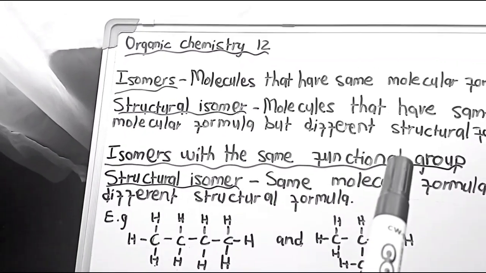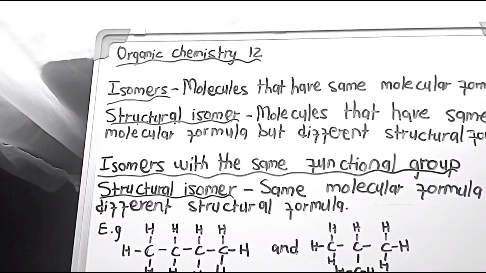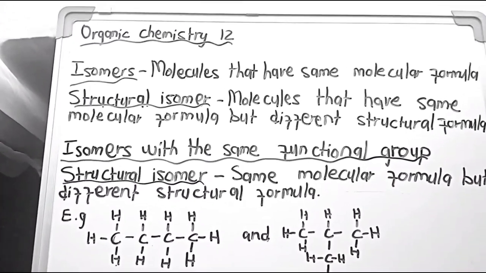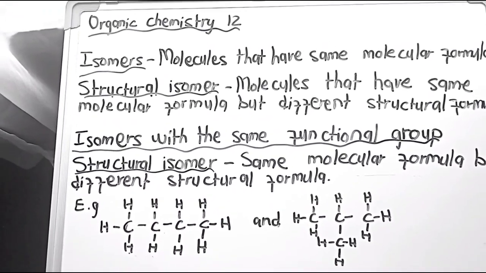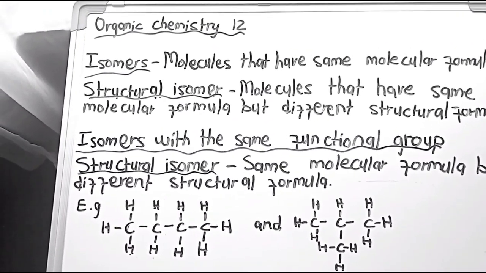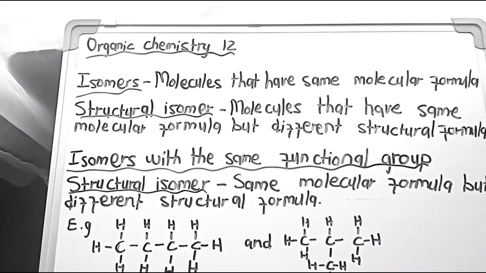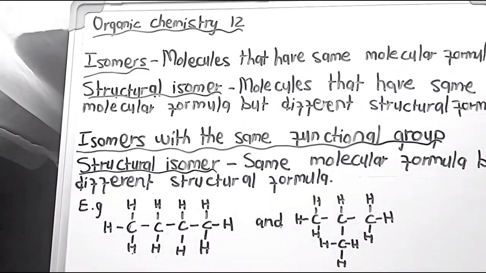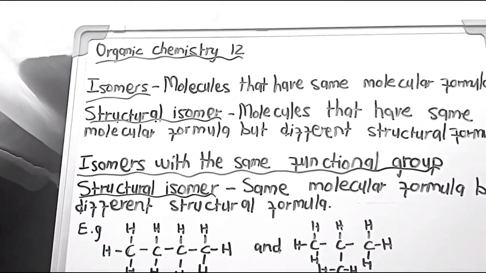A functional group is a characteristic of a certain homologous series. Another definition for functional group is a bond, or group of atoms, or an atom that determines the physical and chemical properties of a homologous series. Guys, please know your definition by heart. These are easy 2 marks.